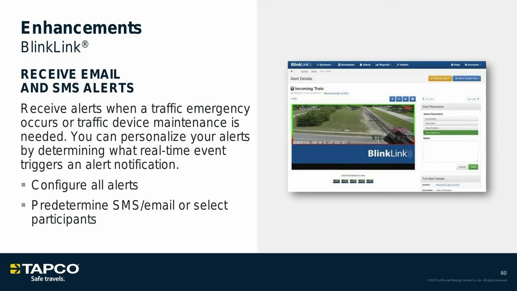I'm not sure what system that would be, but anyone that's on the alert list does receive an alert through our Blink Link, email, text. And I think there's maybe one other option that allows you to get the alert immediately as it happens, so you can get out there and either take care of the issue, or have the roadway blocked if it's a high water situation or whatever it may be. We want to make sure you guys are alerted as soon as these events happen.